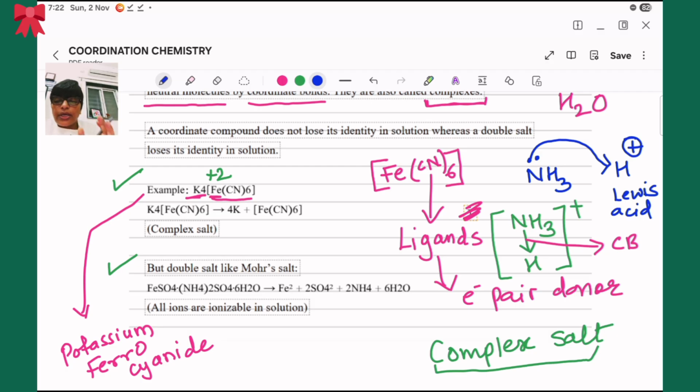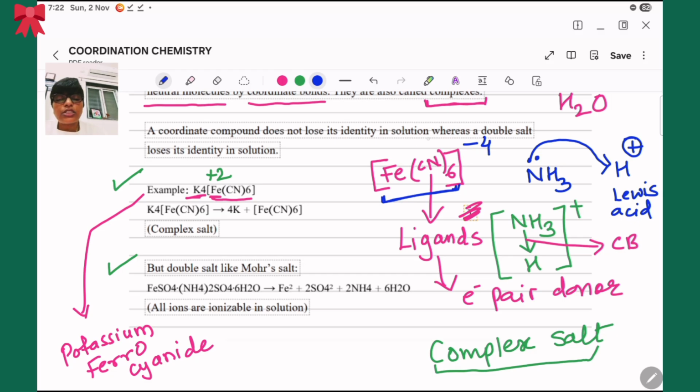And what kind of ligands are these? These ligands can be negatively charged ions, positively charged ions, or neutral molecules. So in the complex which we are seeing here, [Fe(CN)6] is enclosed in the square bracket, and its overall charge is -4.